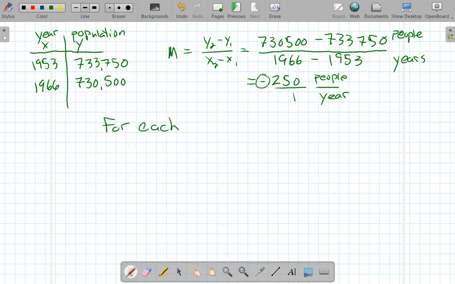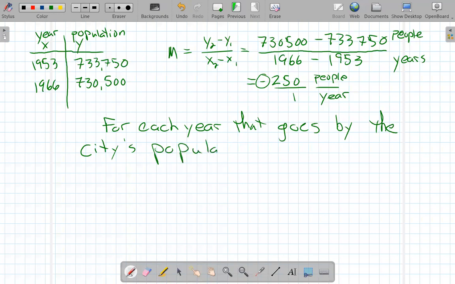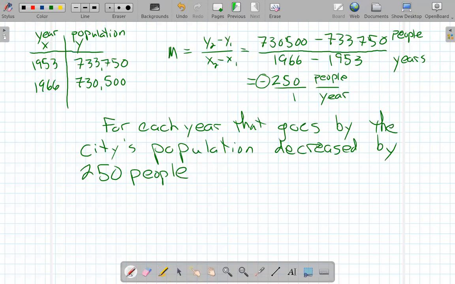For each year that goes by, or each additional year, lots of ways to say it, the city's population decreased by 250 people. Now, I don't have to say per year here because I got the per year in front. For each year means per year.